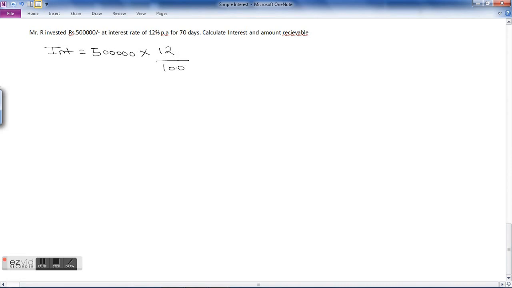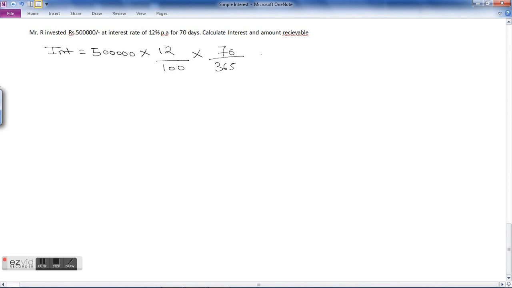This interest will be for the entire year, correct? So we need to calculate interest only for 70 days. So whatever amount of interest we get, we divide it by 365 days, into 70.